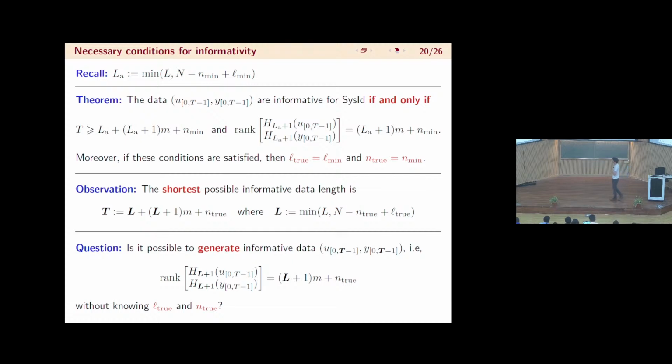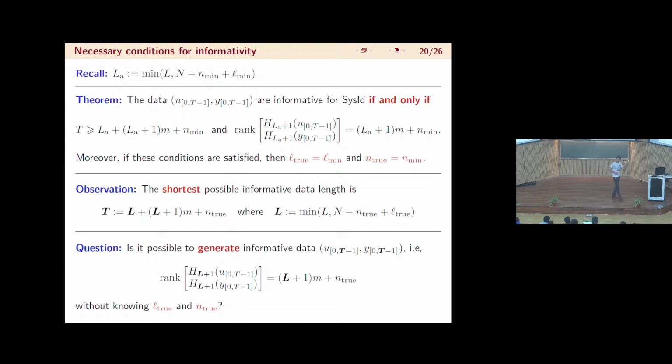That is a very difficult question in general, because this number T, the smallest possible number of samples, depends on N true, the true state space dimension. And I don't know that beforehand. Even worse, I don't even know the depth of the Hankel matrix, L plus 1, that I should look at, because also this number, boldface L, depends on N true and L true.